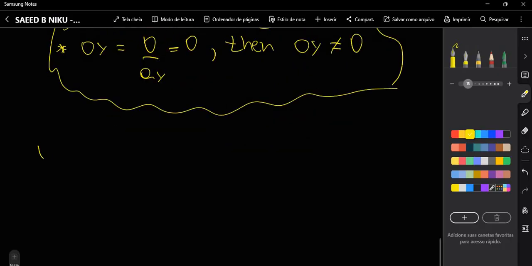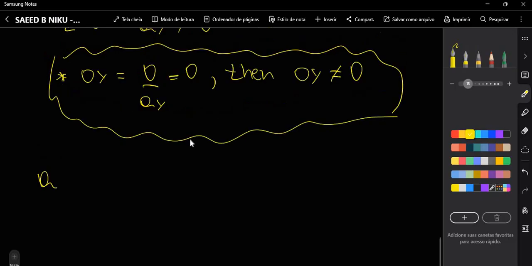So that's our first equation. Ay times Oy, which is equal to 0, Oy will be equal to 0.